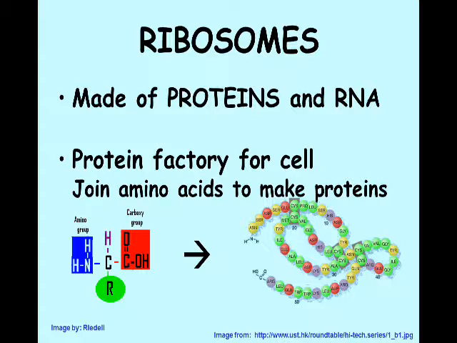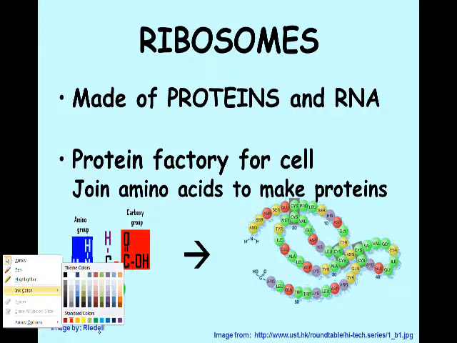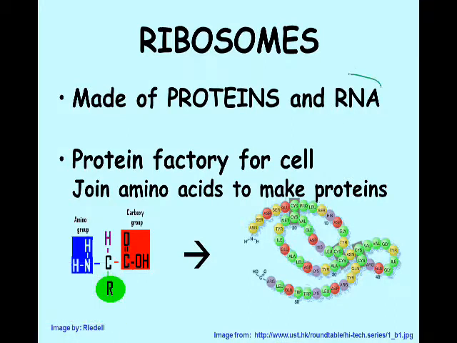They're made out of proteins and RNA, and that ribosomal RNA is coming from our nucleolus, right? That's where we're making the RNA that builds ribosomes. Ribosomes are the protein factories for the cell that join the amino acids together to make those protein chains.